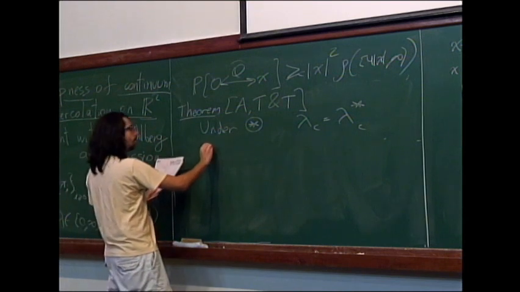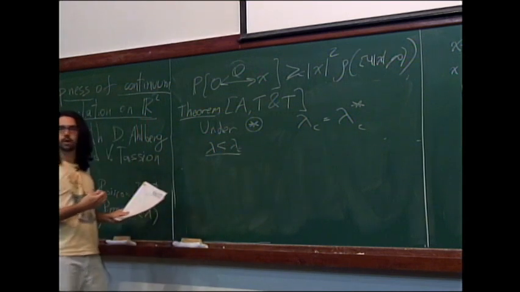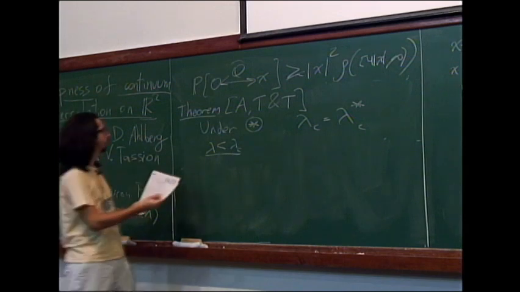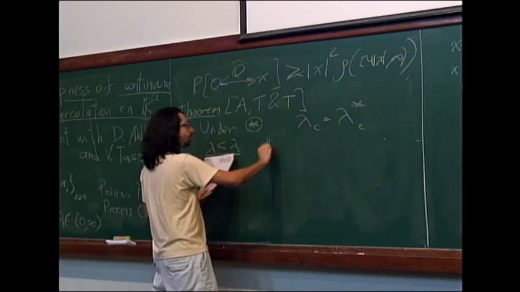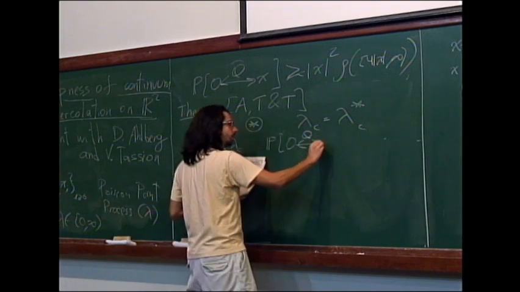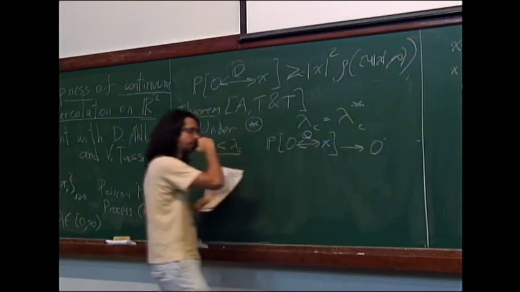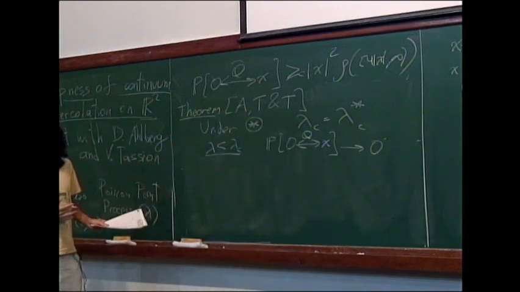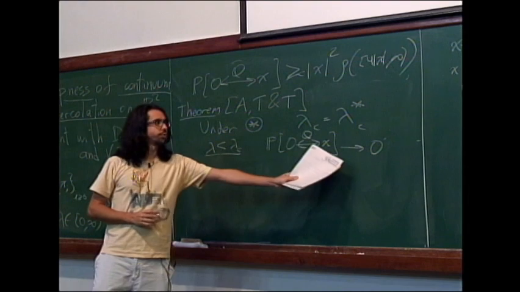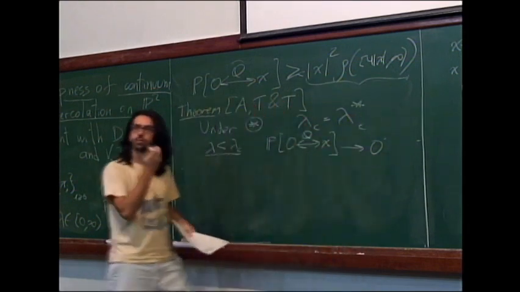If you have λ smaller than λ_c, so you are in the regime where the vacant percolates, not the occupied, then this probability should go to 0, definitely. And it goes to 0. I'll not write it down, but the rate that it goes to 0 is more or less this, essentially what you can hope for.